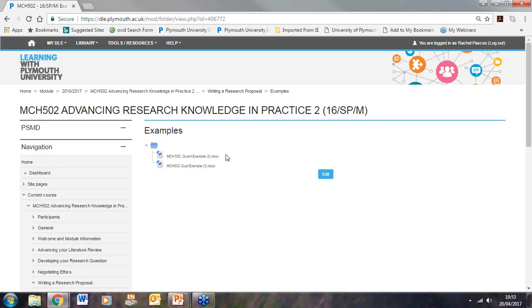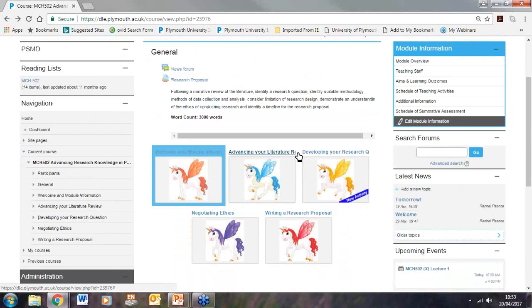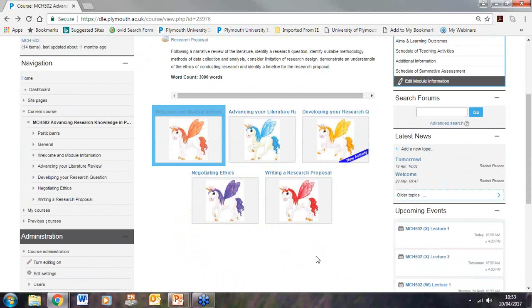There's a quantitative example and a qualitative example, and they got mid 70s. I've anonymised them so you don't know whose they are, but they do give you an outline of what's expected, and so they're there for reference. I know they can be quite useful at times, so they're there for you if you want to look at them.